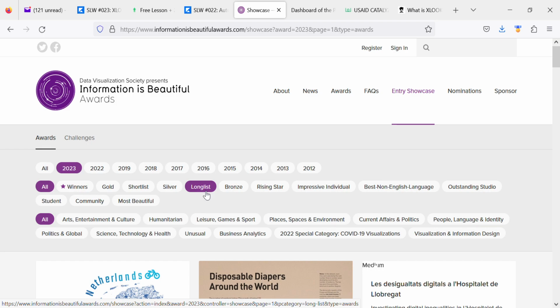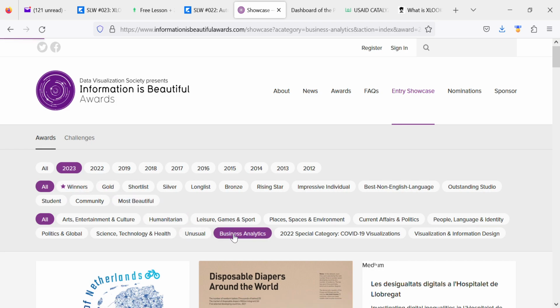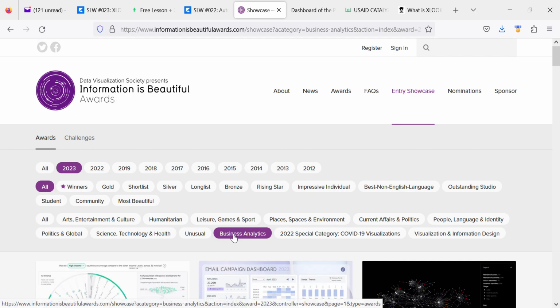Today we are going to see the 2013 winner under the category of business. So we'll first see the long list under business analytics.